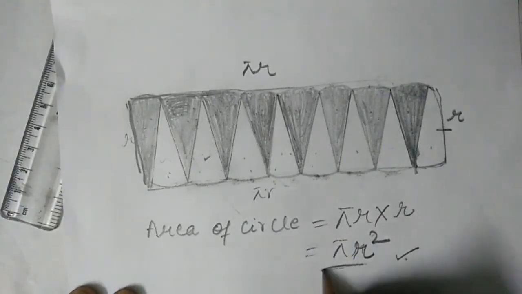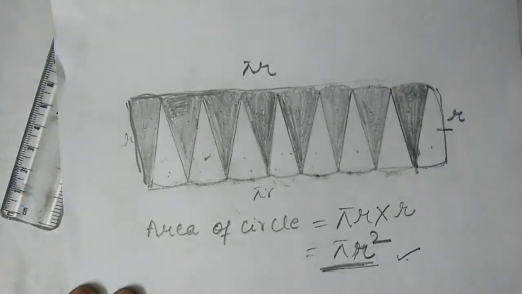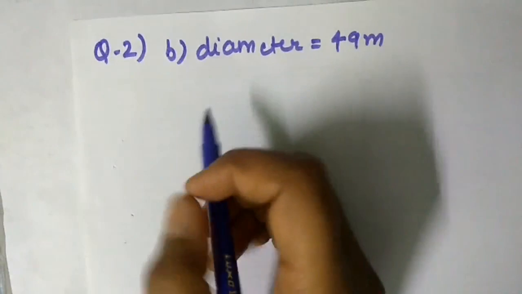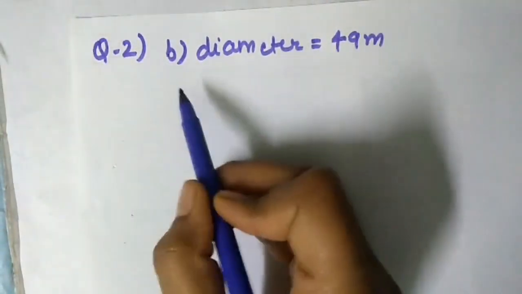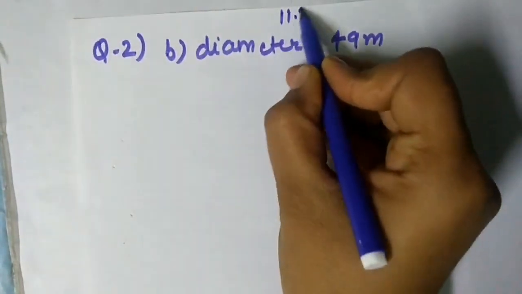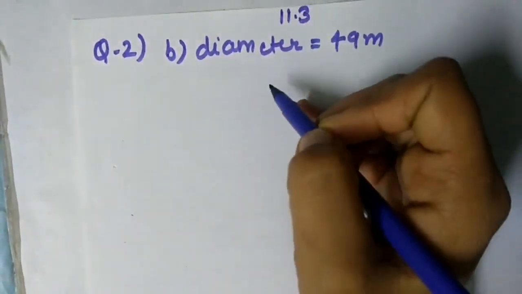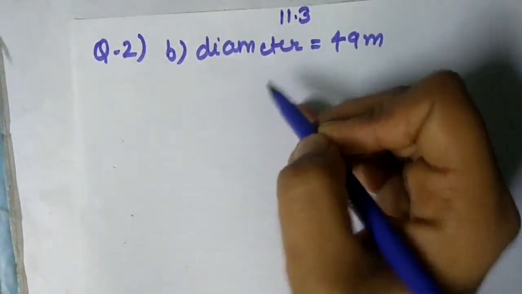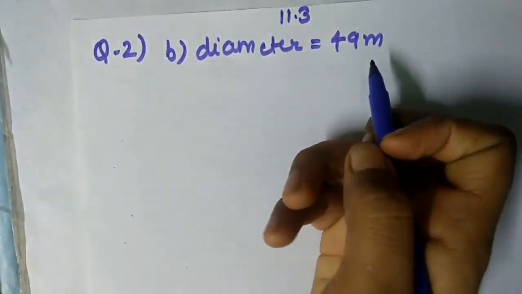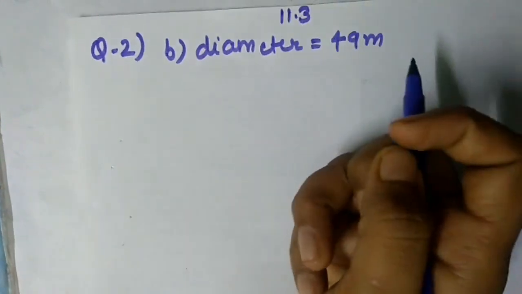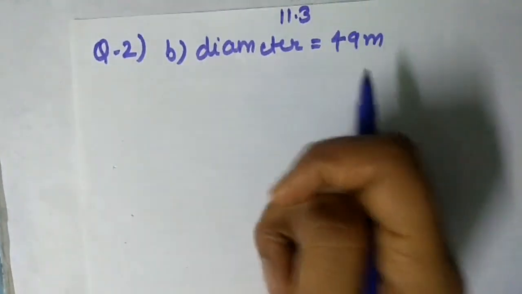Now let us discuss questions related to this concept, how to find the area. So students, based on the concept of area, I am explaining question number 2 of exercise 11.3. What is given? You have to find the area of the circle, given that the diameter is 49 meter, and take pi as 22 by 7.